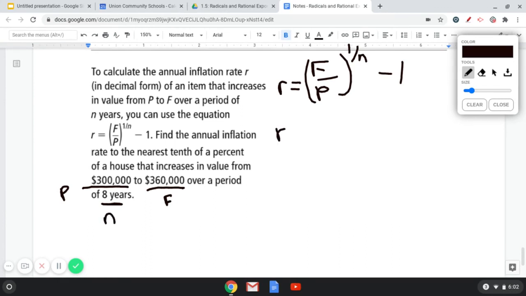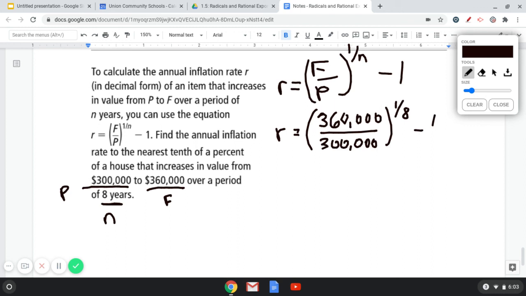So we've got all of our variables, so we're looking for the rate of 360,000 divided by 300,000 to the 1/8 power, because we're going 8 years, minus 1.